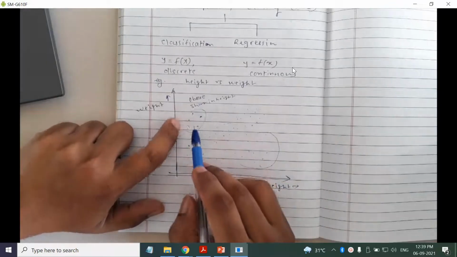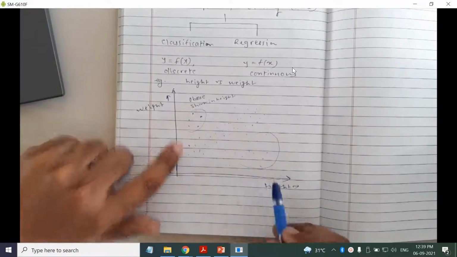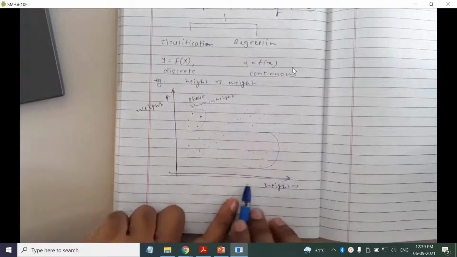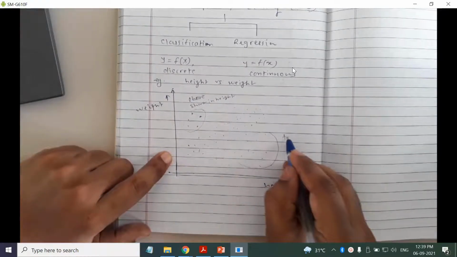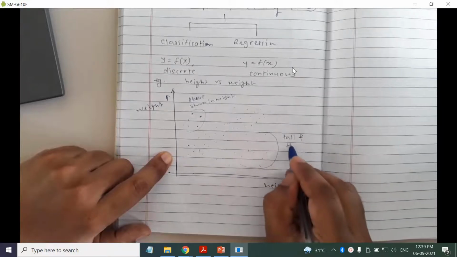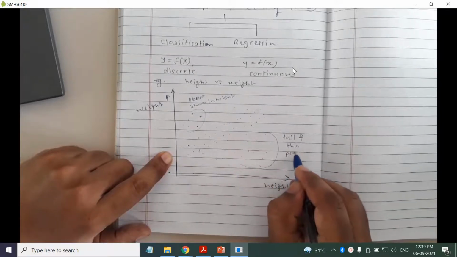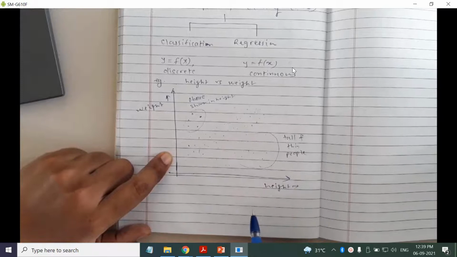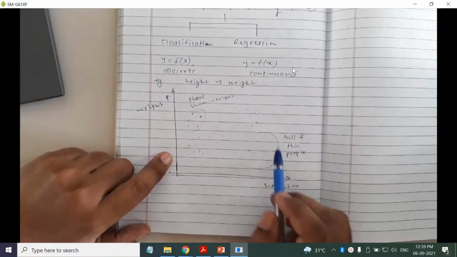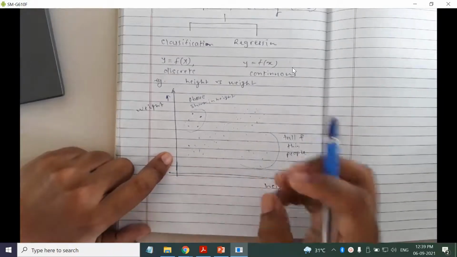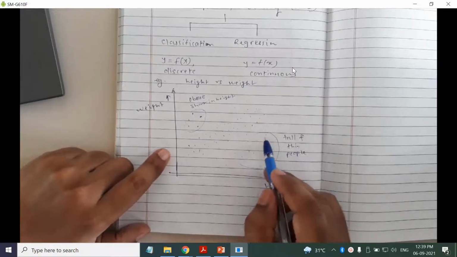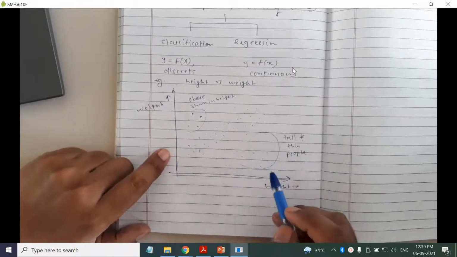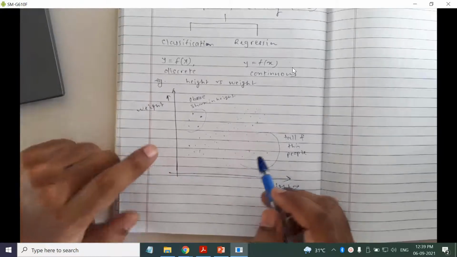And what about this? Height is more but weight is very less, so they are very tall and thin people, right? They are not a miscalculation or error in recording. They are real people, but they will be very few in number. They are very exceptional cases.